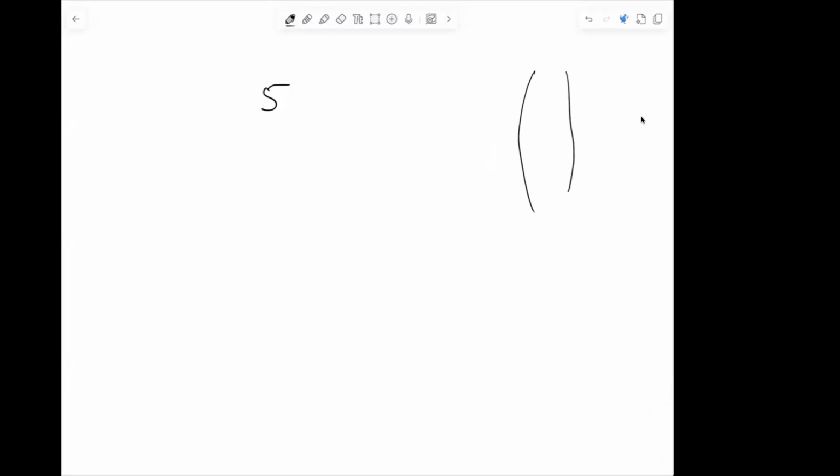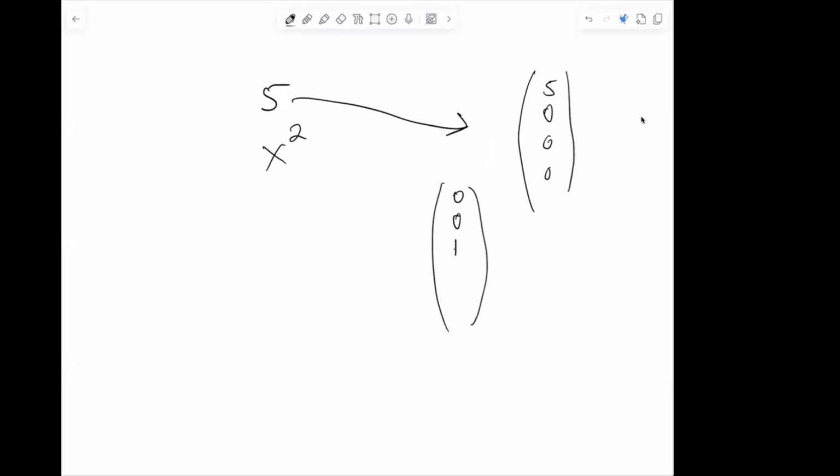It would be just 5, 0, 0, 0, because we don't have other terms. What about this polynomial? It's also a polynomial, right? So let's see. We have 0, 0, 1, 0, 0.